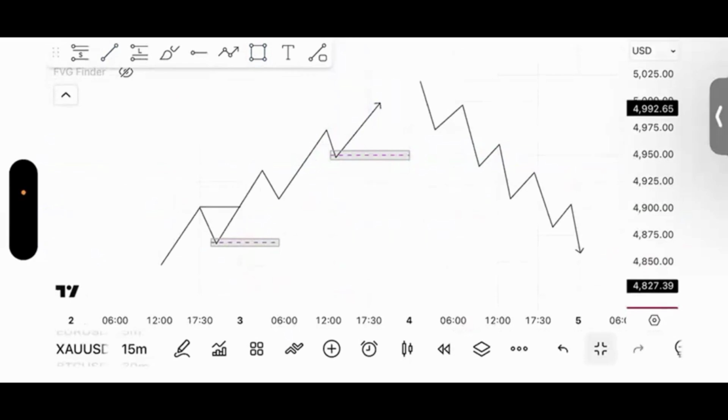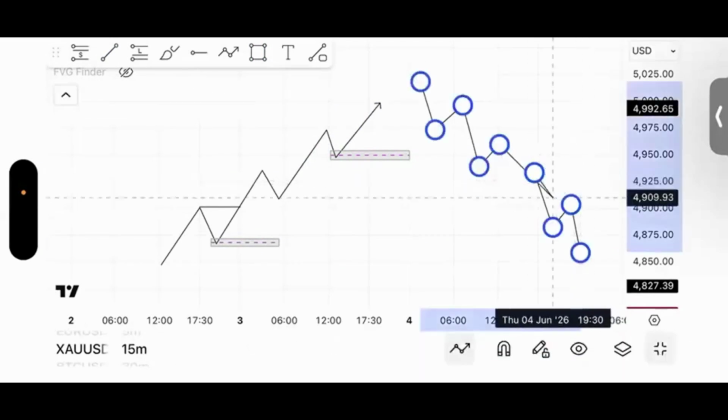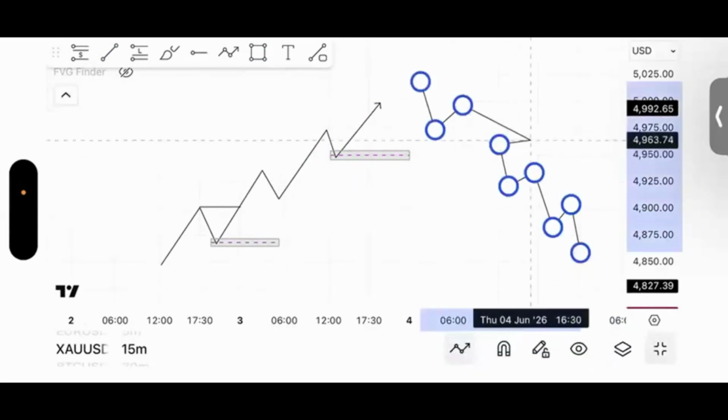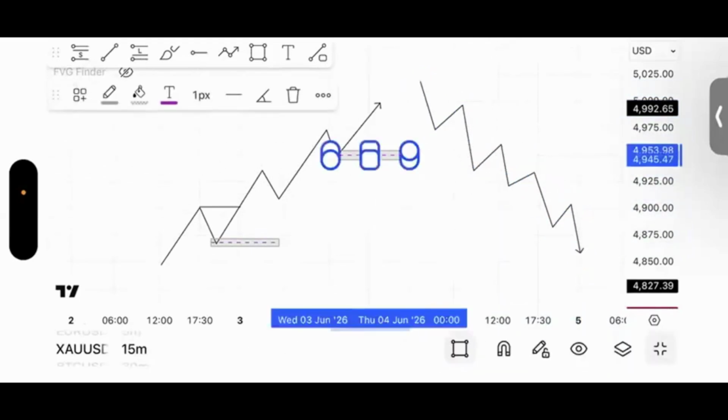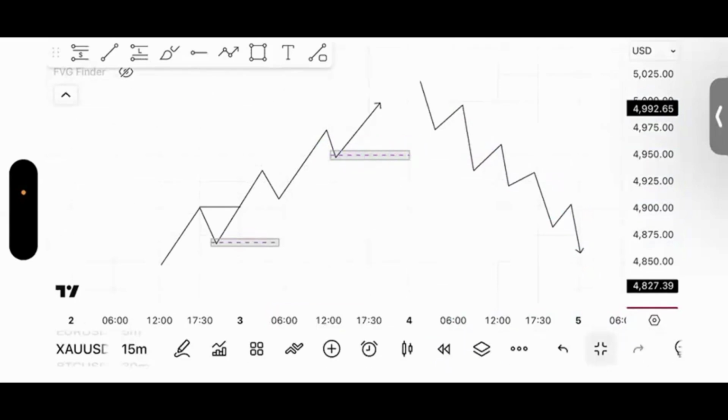I'll use the line pattern firstly to explain it clearly so that you understand everything properly. This is an uptrend, and this was our previous retracement zone created on an uptrend; it should be a respected retracement zone.